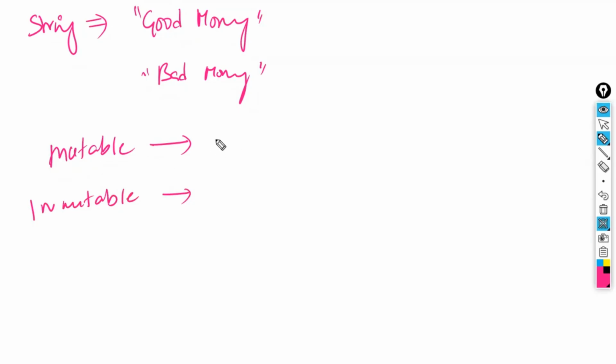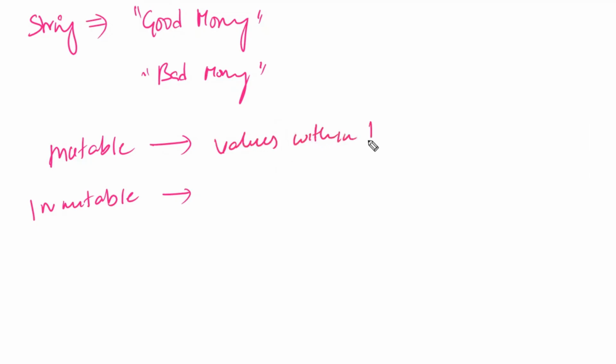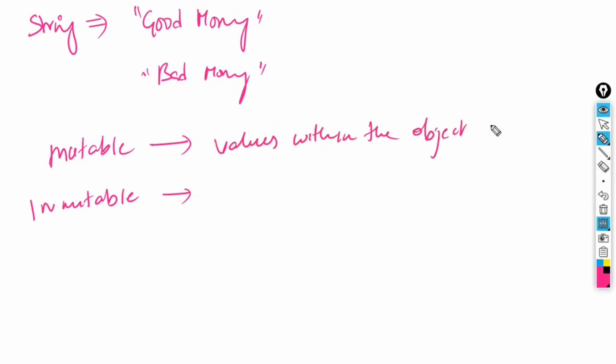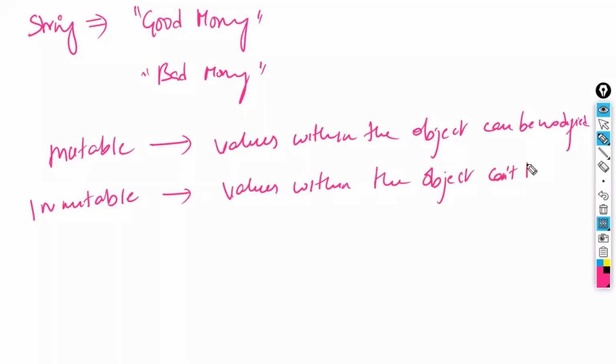Like, how, means modification, the object can be modified. Object or values within the object can be modified. Values within the object can't be modified.